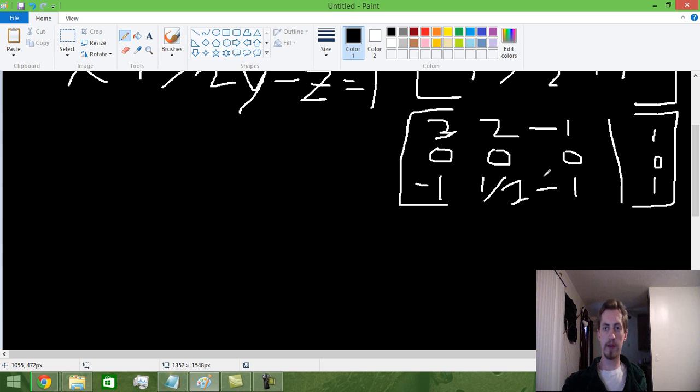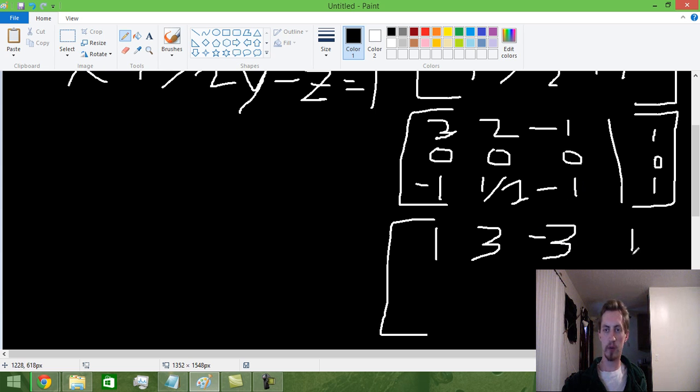So if we subtract this line from that line, we can turn this into a 1, so we'll do that twice. So 3 minus 2 is 1, and here we have 1/2. So 2 plus 1 is 3, and then we have a minus again. So -1 plus -2 is -3, and we got a 1 there.